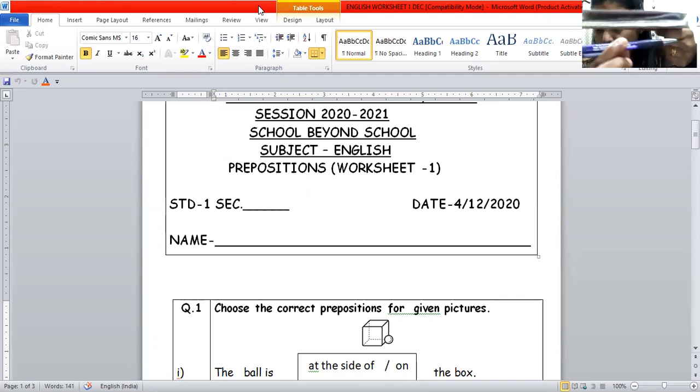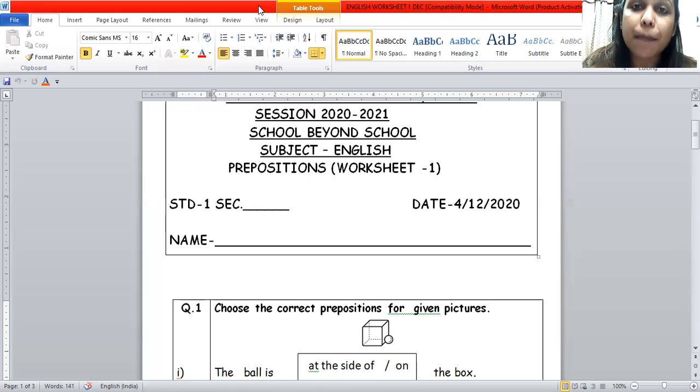If I keep the pen here, which is by the copy side, we say that the pen is by the side of the book.